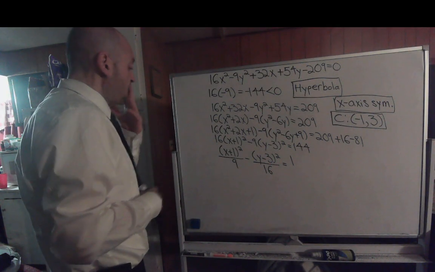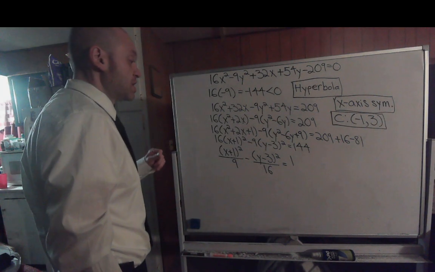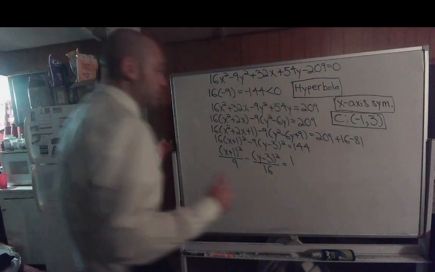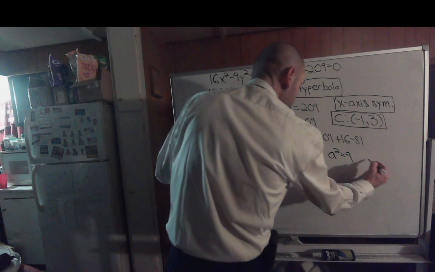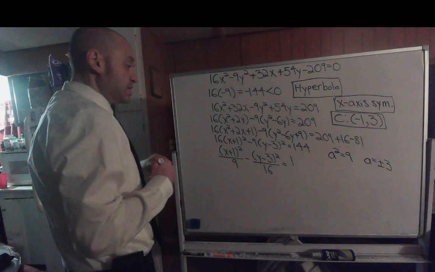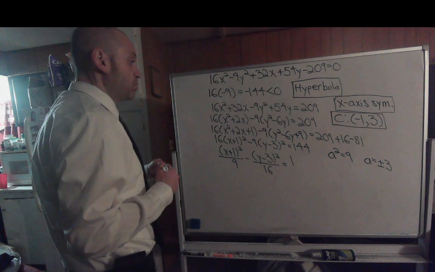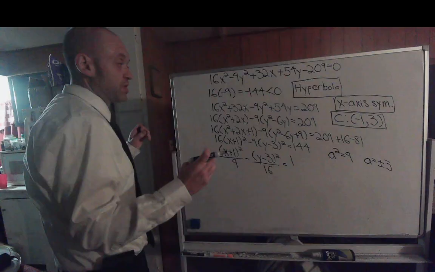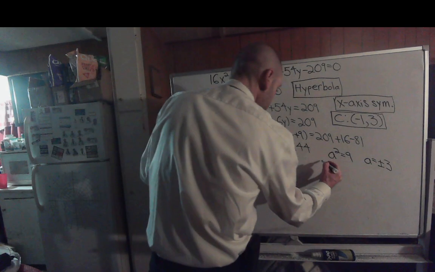So what we need to do first is find the vertices. Well, what do we know? We know a squared equals 9, which means a equals plus and minus 3. Since the x-axis is the one with the symmetry, we're going to take that plus and minus 3 and affect the x-coordinate of the center.